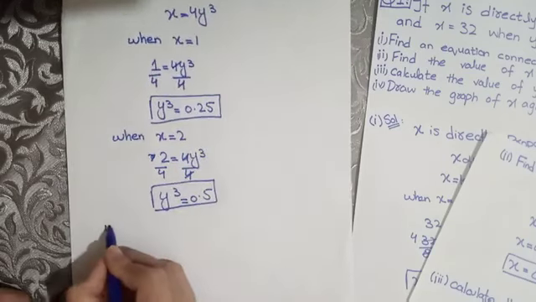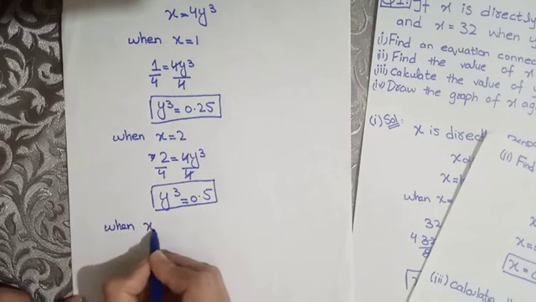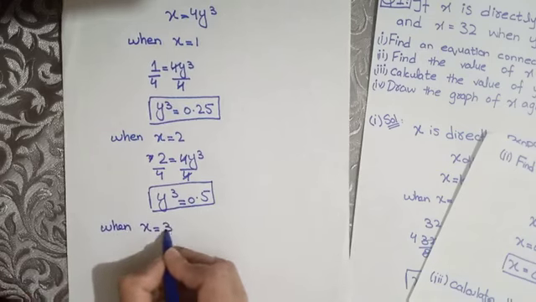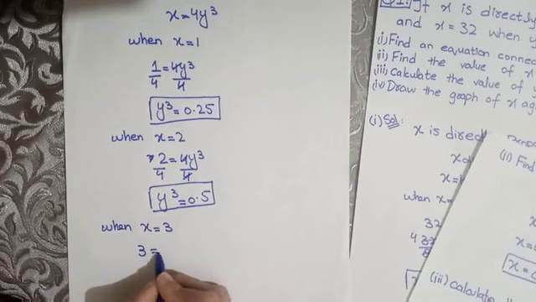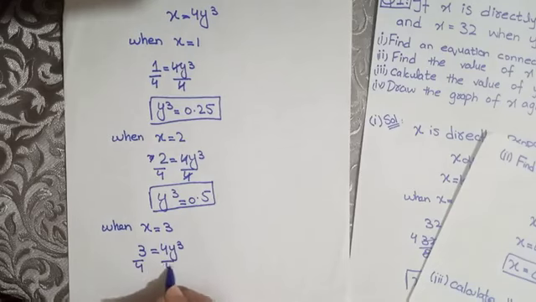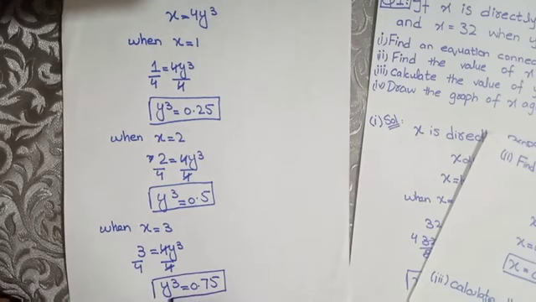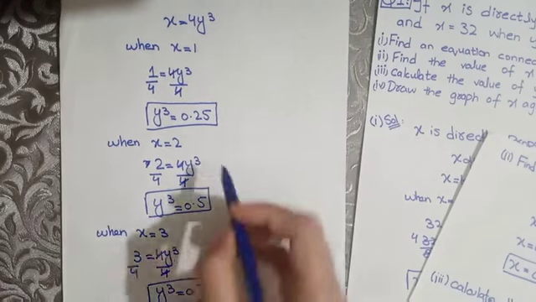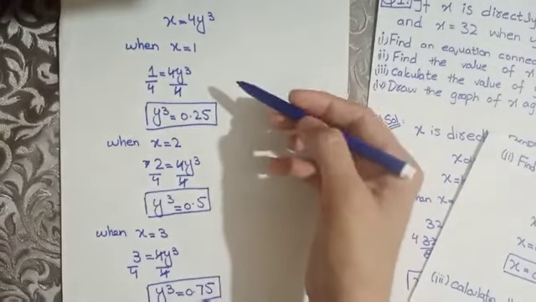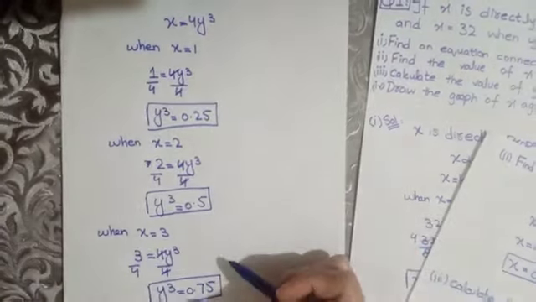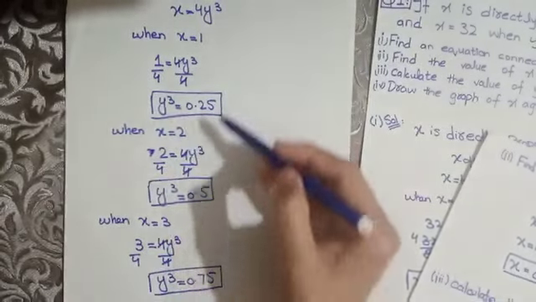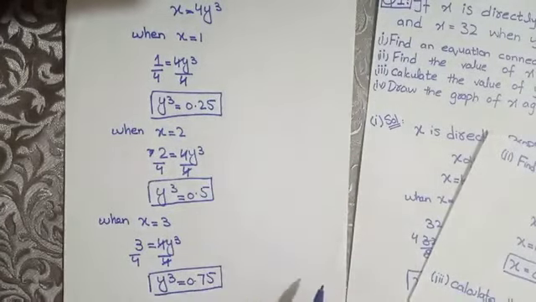When x is equal to 3, 3 is equal to 4 y cube, 4 cancels out, 3 divided by 4, y cube is equal to 0.75. Here I put the value of x 3 times, and we got the value of y cube 1, 2, 3. Now we draw the graph.